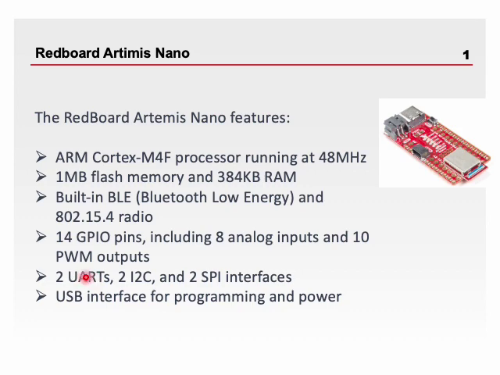UART here stands for Universal Asynchronous Receiver Transmitter. It is a type of communication protocol used to transmit and receive serial data between a microcontroller and other devices such as external sensors.